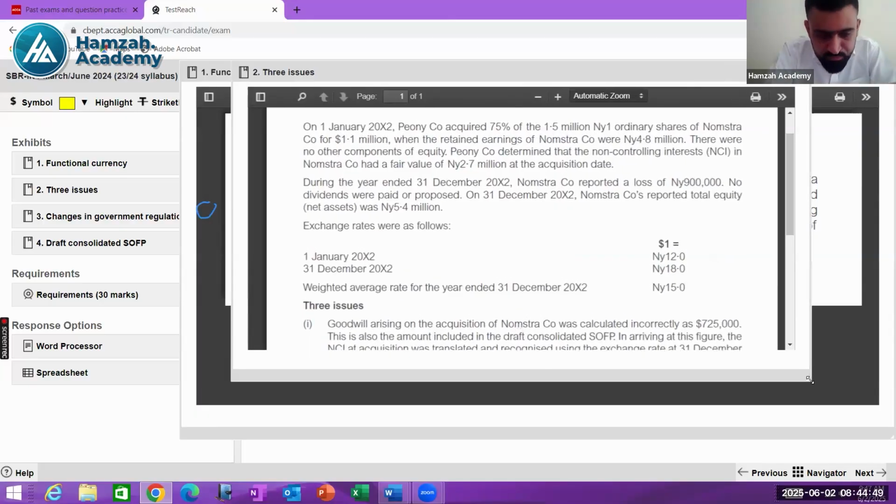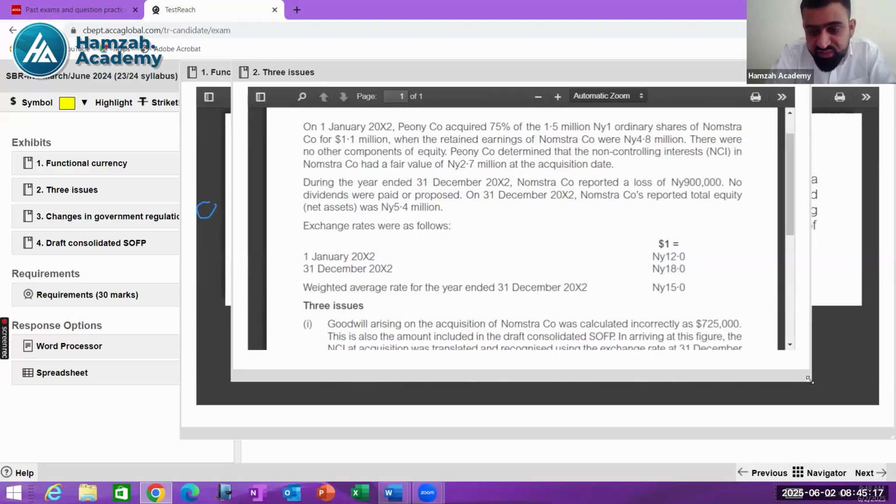First of all, the introduction. On January 20X2, P company acquired 75% of 1.5 million N1 ordinary shares of Numestra company for 1.1 million US dollars, when the retained earnings of Numestra were 4.8 million. There were no other components of equity.